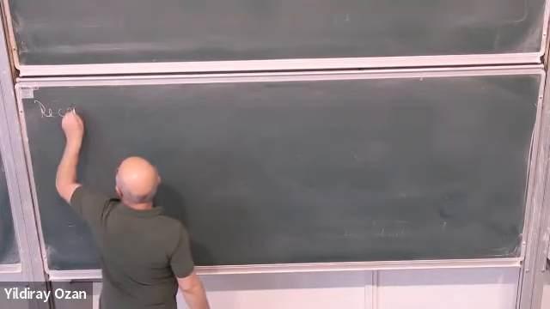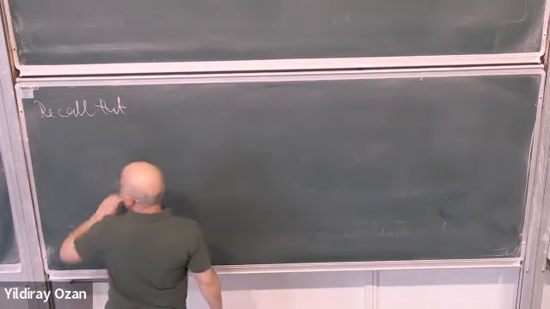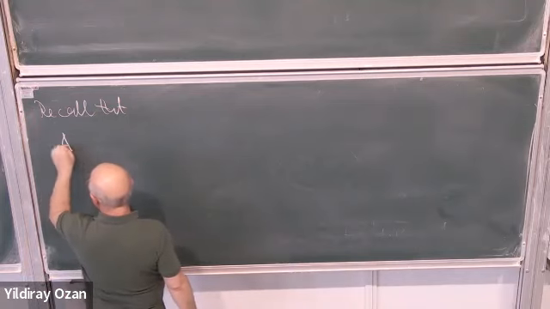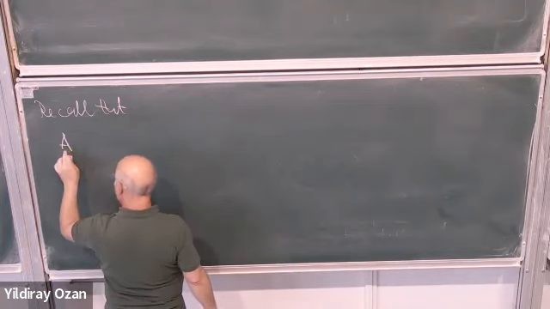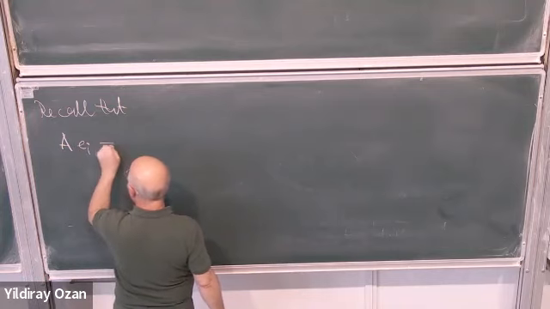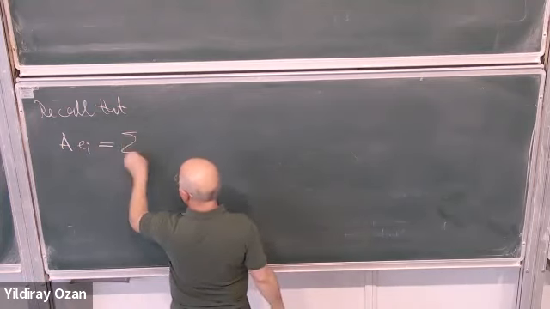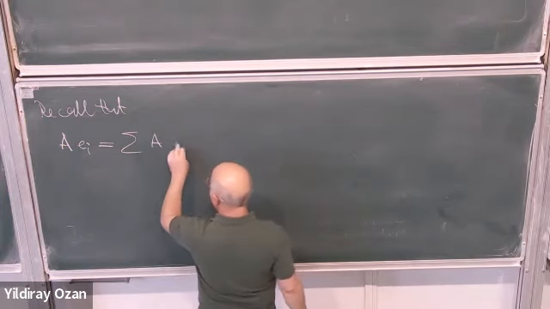Recall it. a_ji are the following. So you write A hat of e_i, right? And this is a sum of things like this.